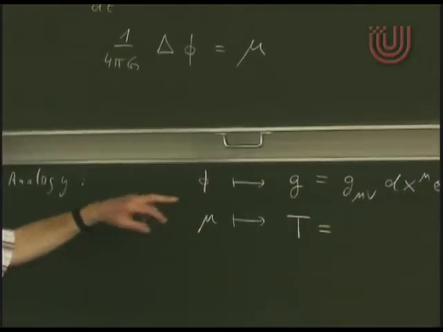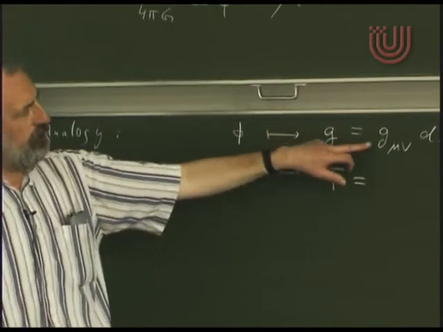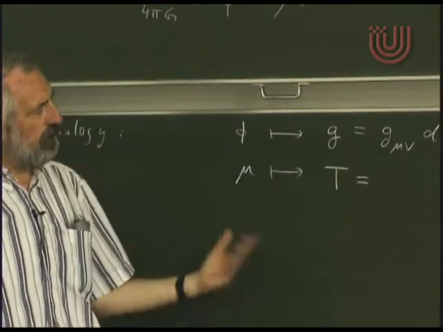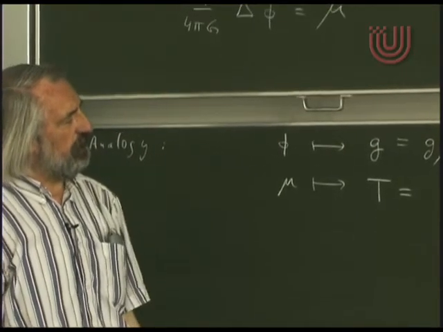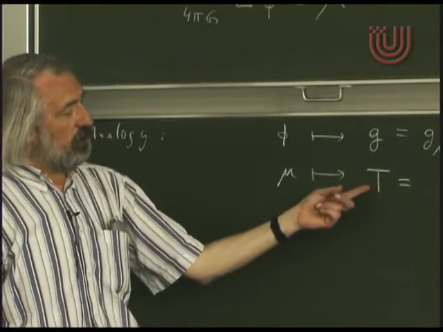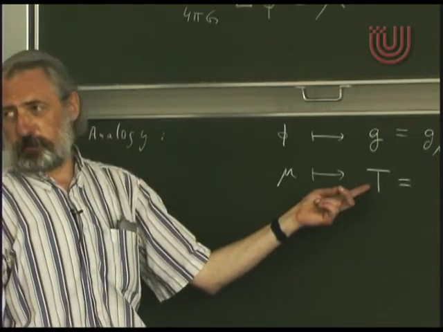And of course, this fits very well with the observation that the G has two indices, so that with the symmetry assumption we get 10 independent components, because the energy momentum tensor also has 10 independent components.